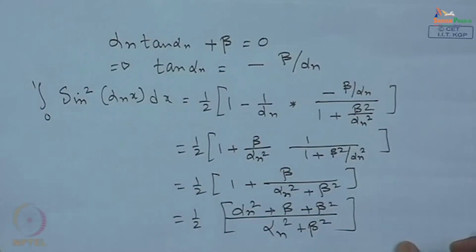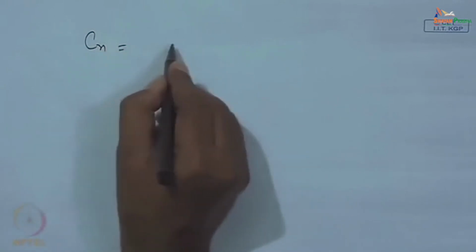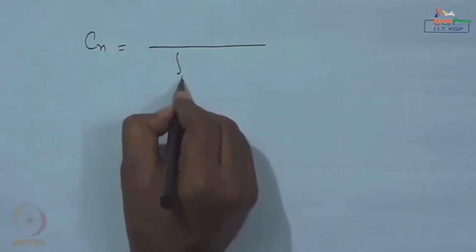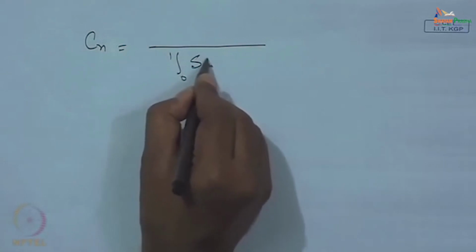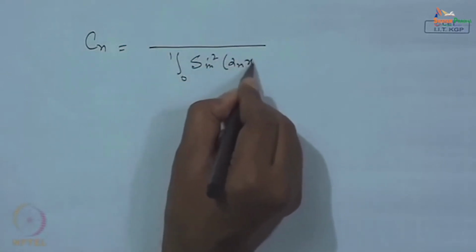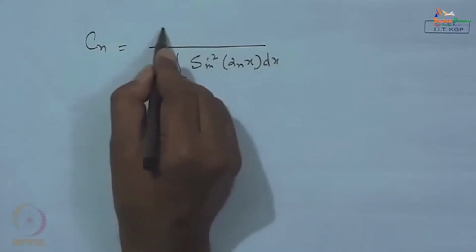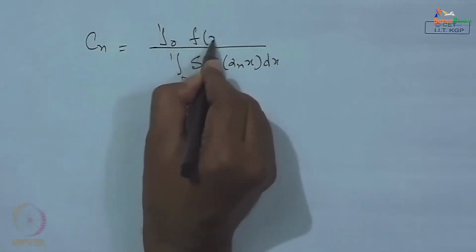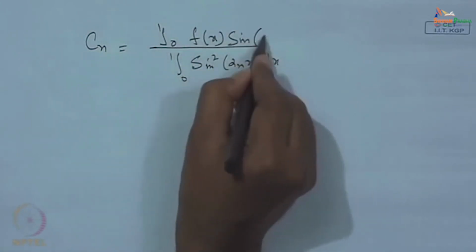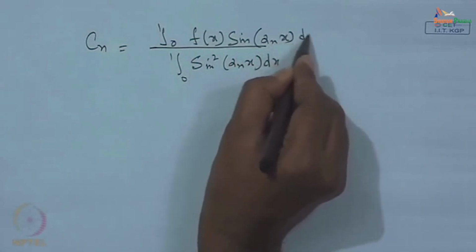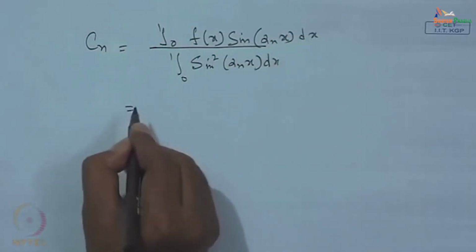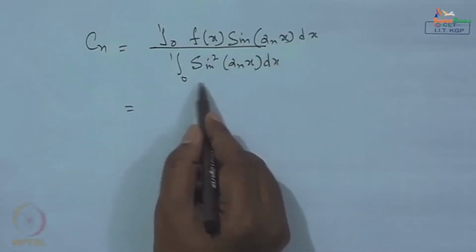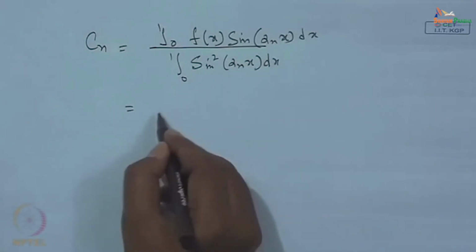So, now we will be in a position to calculate the value of C n. C n is nothing but the integral from 0 to 1 of sin square alpha n x dx in the denominator, and in the numerator we had the integral from 0 to 1 of f of x sin alpha n x dx. We just evaluated the sin square alpha n x, and so we just put it there.